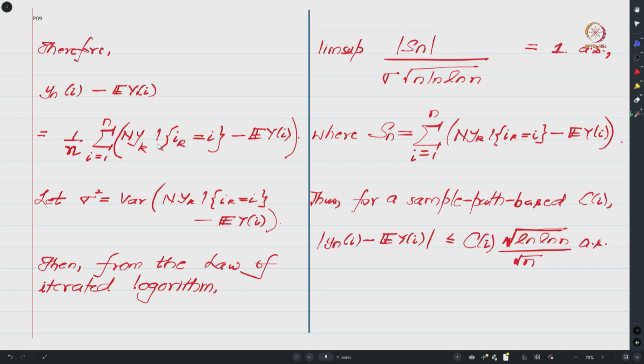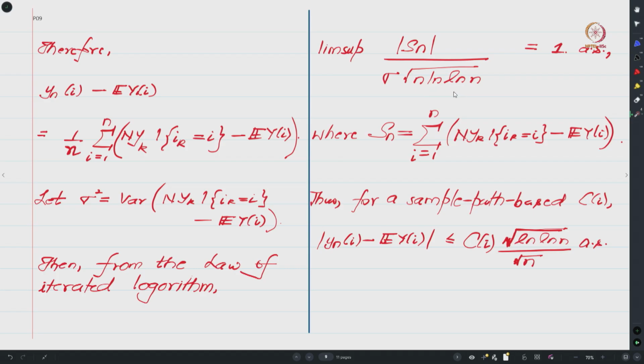And if you define sigma squared to be the variance of this quantity, then from the law of iterated logarithm one can show that if you take the absolute value of S_n, so S_n is basically the sum that is sitting over here, and divide it by sigma, and in particular you divide it by the square root of n times log of n.